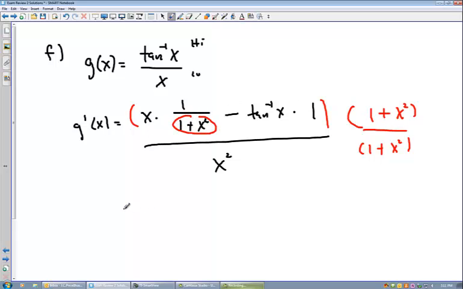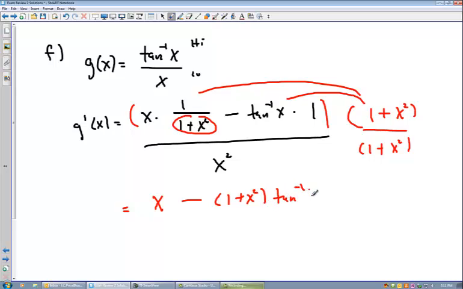And so this will equal, so I have this times this, and so I'm just going to be left with x, minus, I have this times this, so I'm going to have 1 plus x squared, tan inverse of x, all divided by this times that, so I just have x squared times 1 plus x squared. And I'm all done. This is my answer.